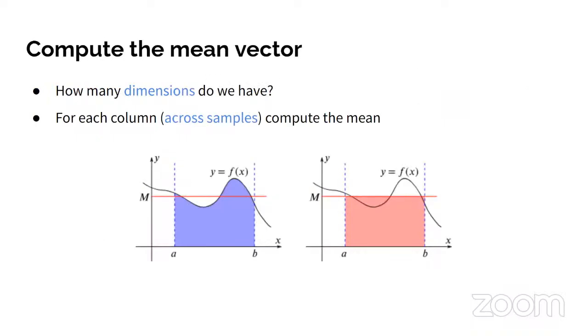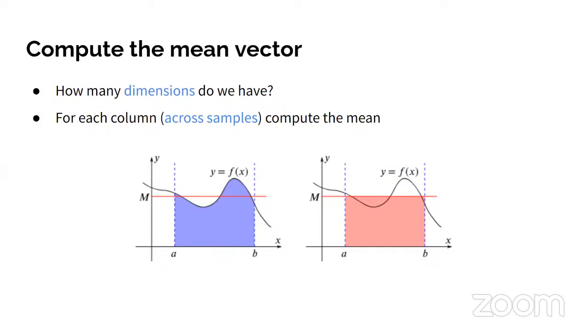So the first thing is to compute the mean vector. How many dimensions do we have from the previous example? How many mean values should there be?